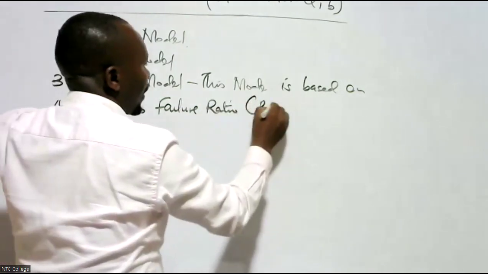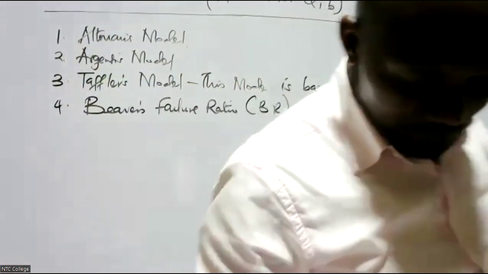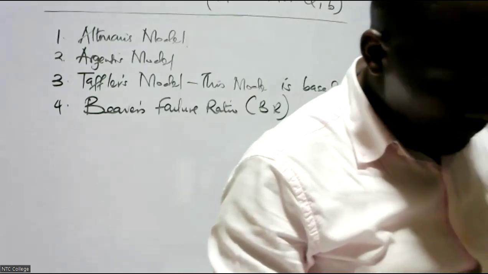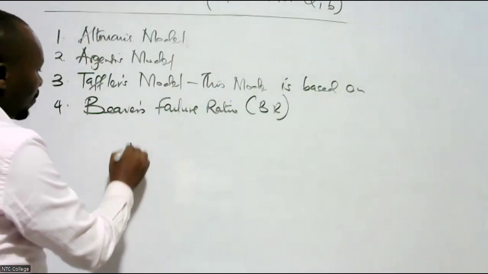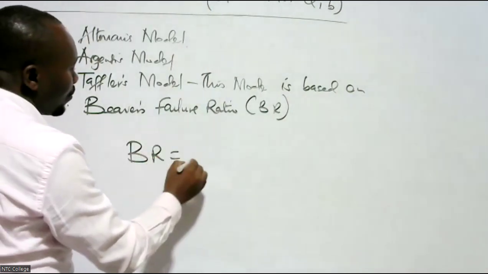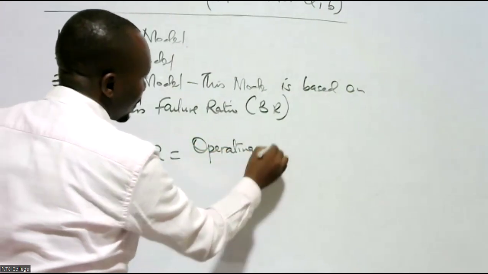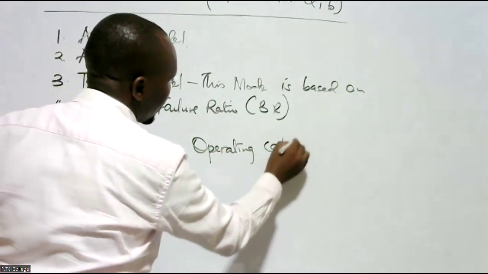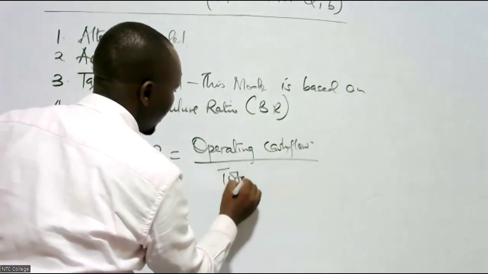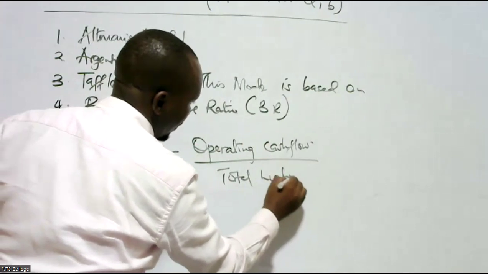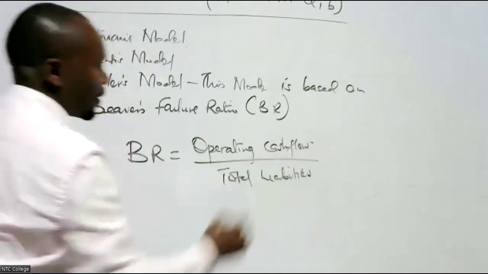It is called BR. BR is equal to operating cash flows all over total liability.